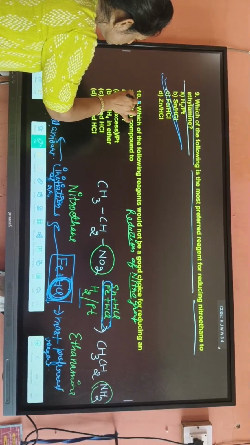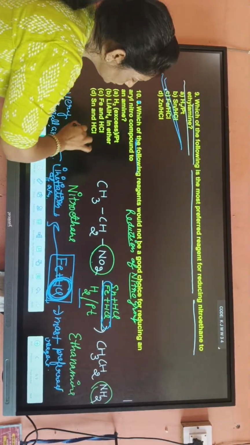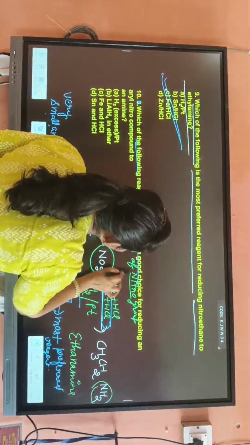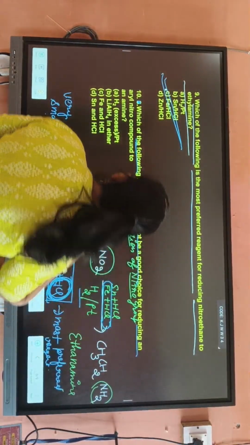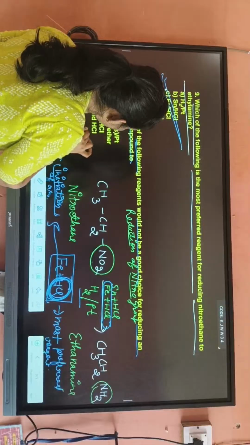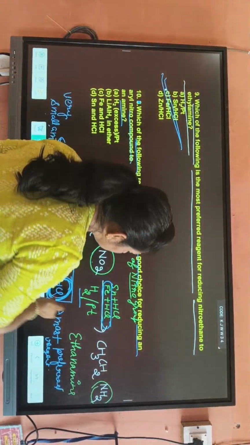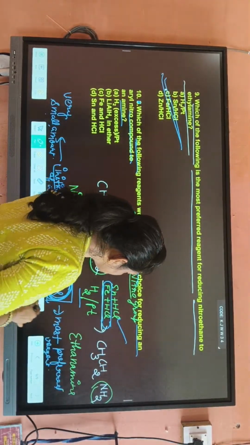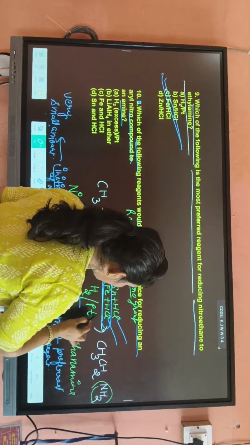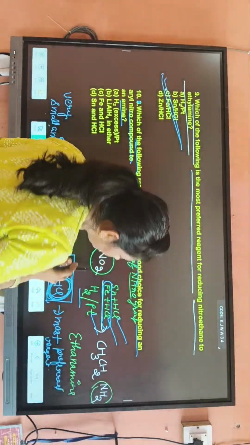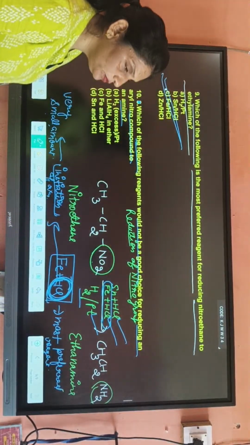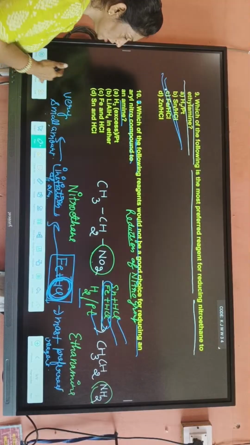Which of the following reagents would not be a good choice for reducing any aryl nitro compound to an amine? Already I told these are the good choices: Sn plus HCl, Fe plus HCl, H2 and Pt. If you have any other option, then that will be the correct option for this question.